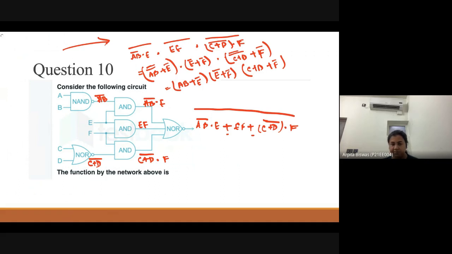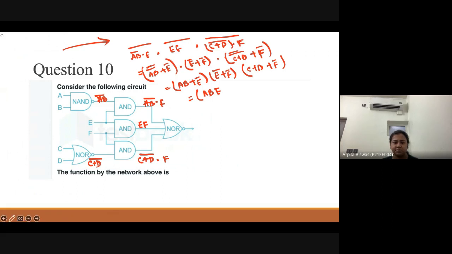Now simplify it more. You just multiply it: A into B into E bar into E bar plus A into B into F bar.